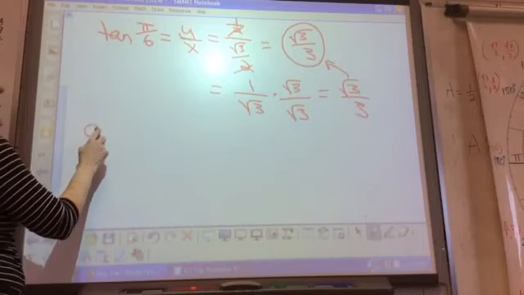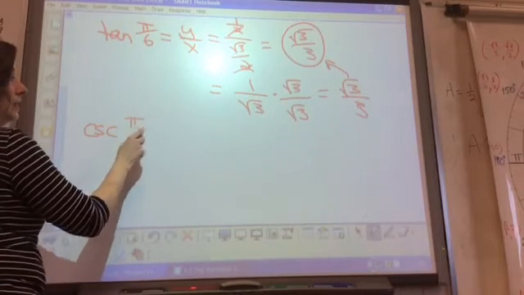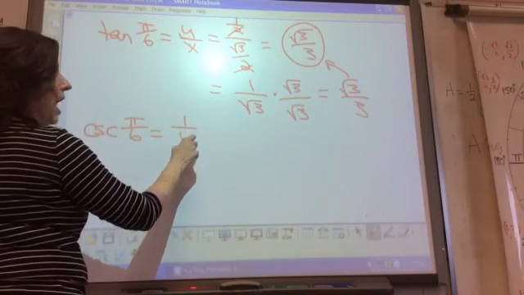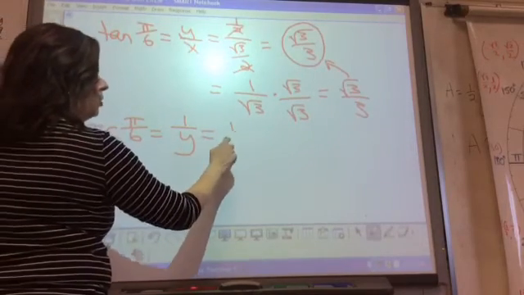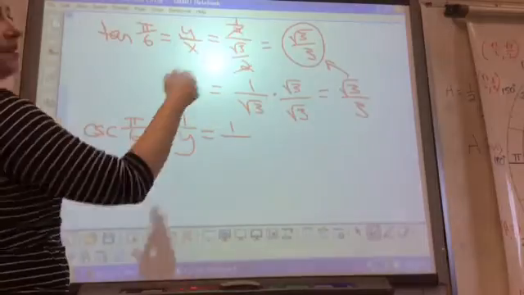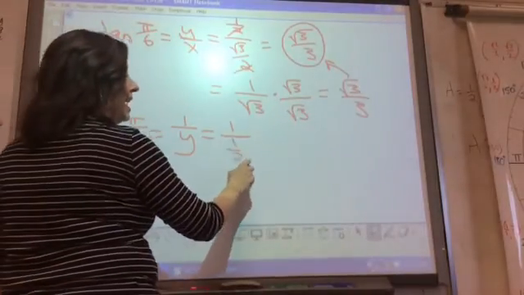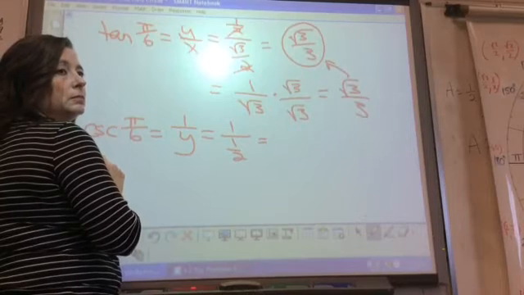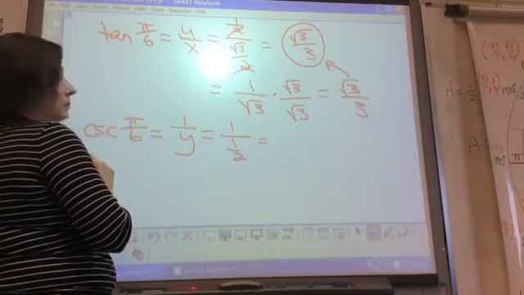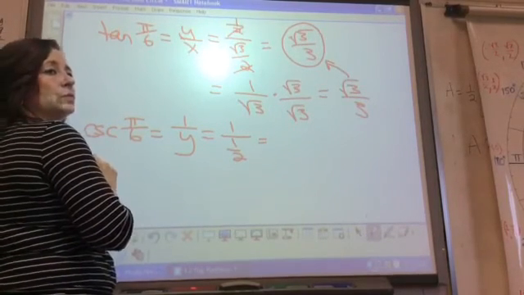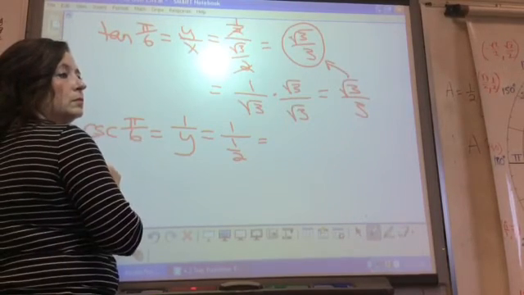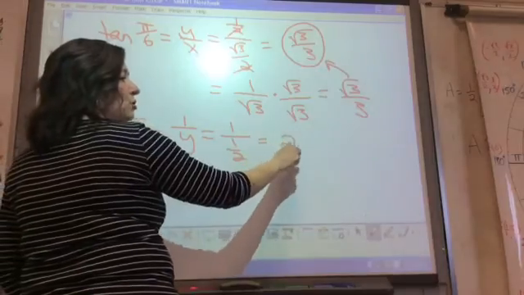All right, now cosecant is what? 1 over y. So 1 over, we're still at pi over 6, 1 over a half. Should be 2, I think.